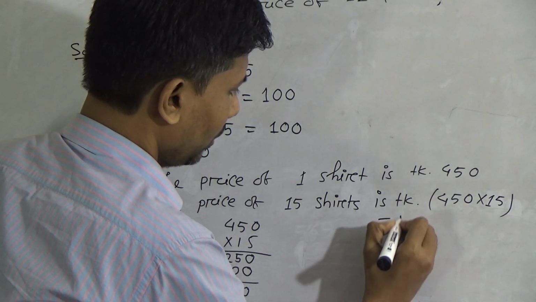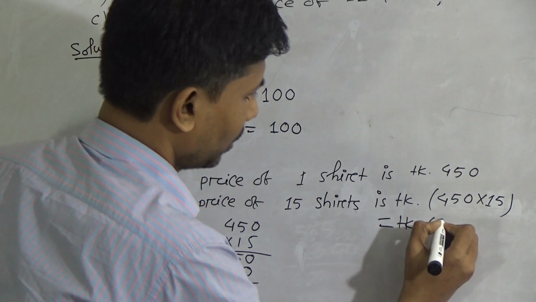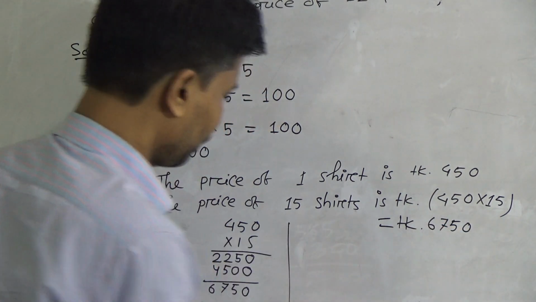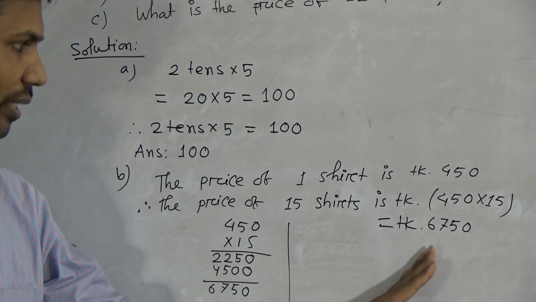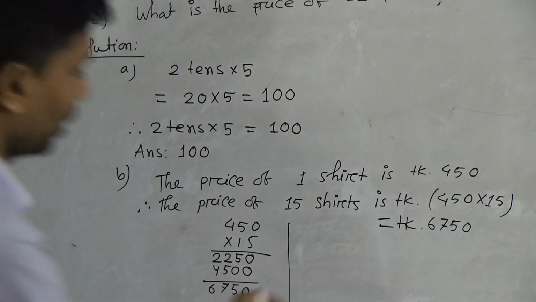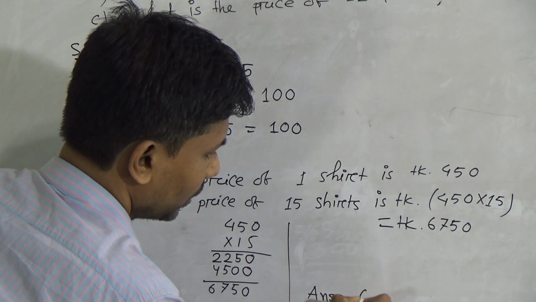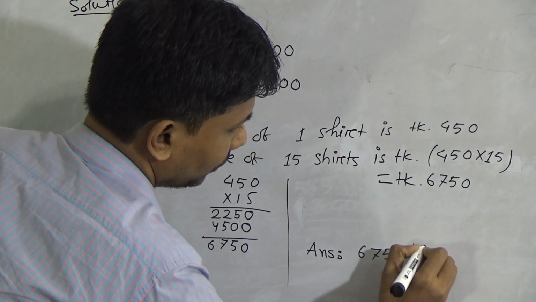Now right here, taka 6,750. Therefore, the price of 15 shirts is taka 6,750 taka. Write the answer now. Answer: 6,750 taka.